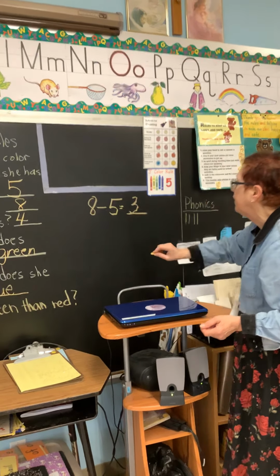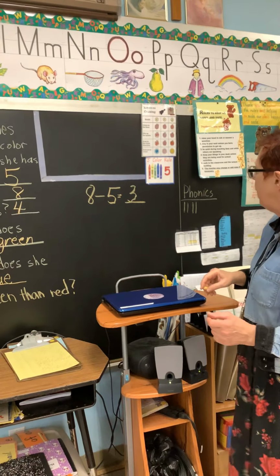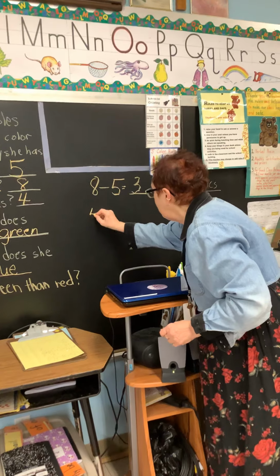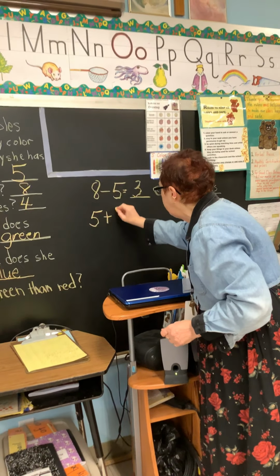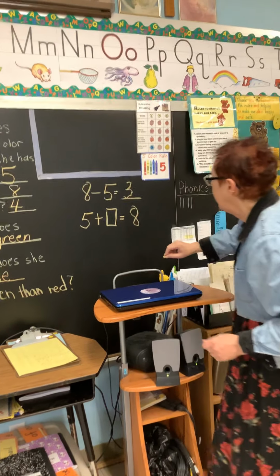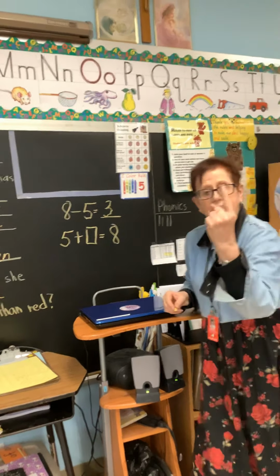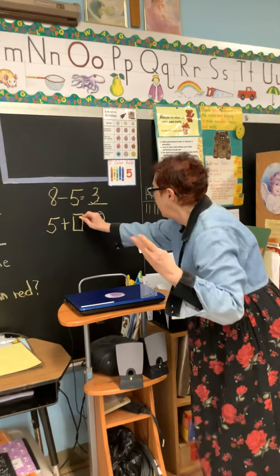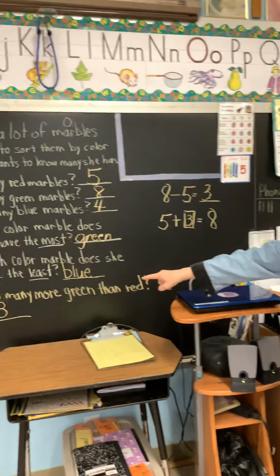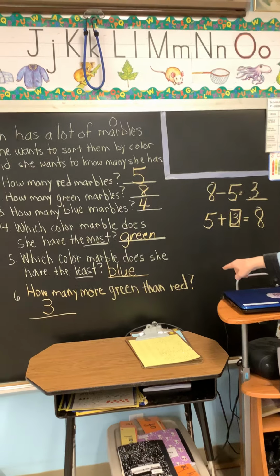Or you could say 5 plus blank equals 8, so 5, 6, 7, 8, 3. So the answer is there are 3 more green than red.